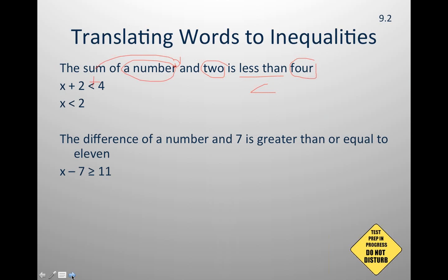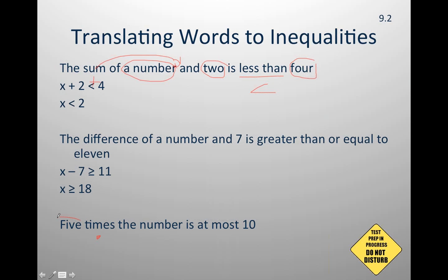And then here's another one. And 5 times the number is at most. At most means less than or equal to, and we're working on this one.